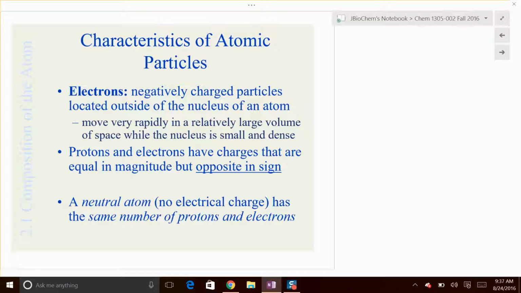But if they don't have as strong an attraction to that nucleus, then they're not as closely drawn to the nucleus, so they're moving in a larger volume, and therefore the atom is larger. So the atom has this very tiny central region and these electrons that are just moving around it in these large volumes. Okay? The atom is mostly empty space.